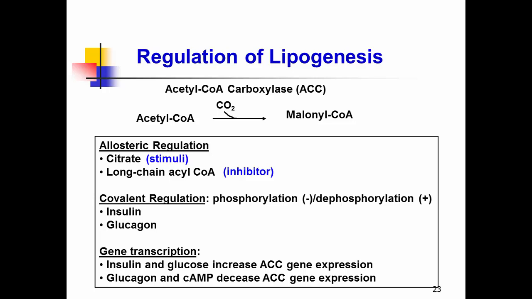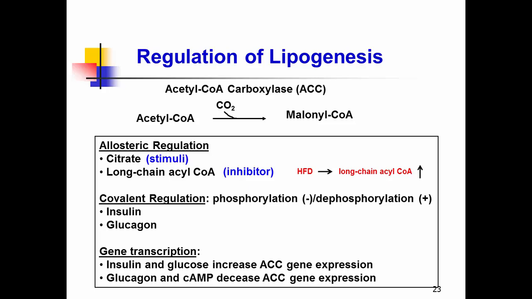So this is the reason why a high-fat diet inhibits lipogenesis: when we consume a high-fat diet, we increase long-chain acyl-CoA, which is an inhibitor of ACC, and that inhibits lipogenesis. So this is the first level of regulation.